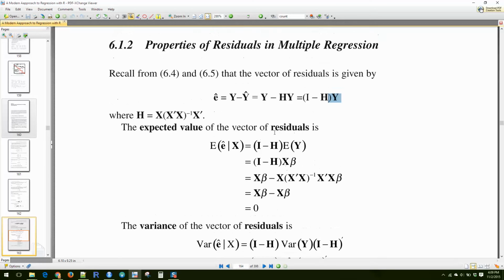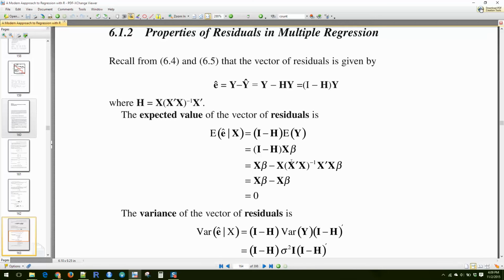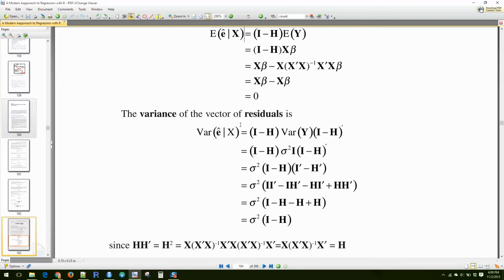Well, under the assumptions of multiple linear regression, the expected value of our residuals is 0. This should be almost an expected thing by now.